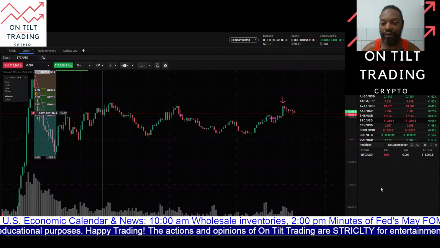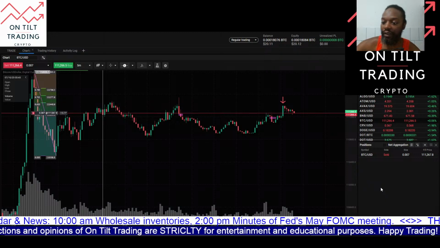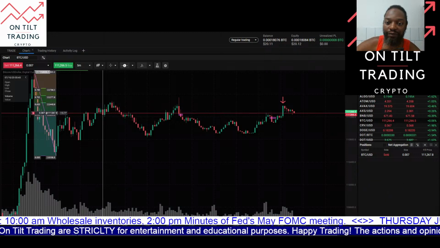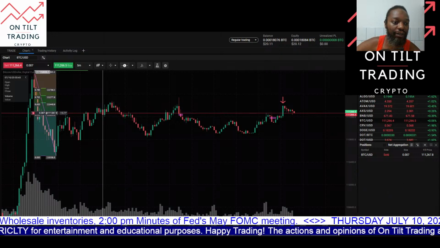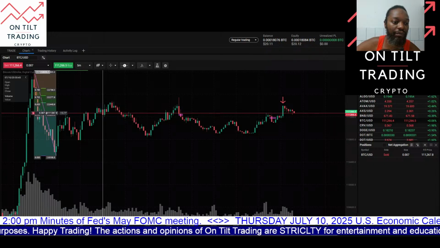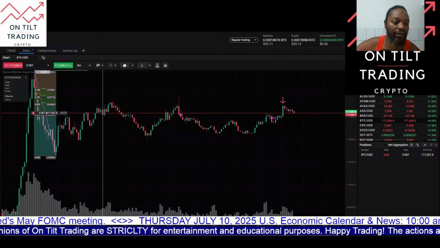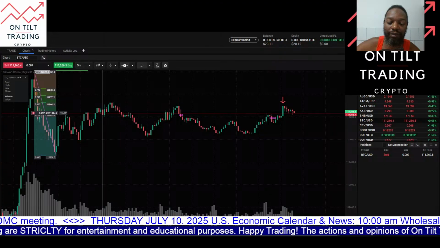So price currently in a discounted area. When looking at pricing from a discount or premium, this area here would be considered premium above the equilibrium. This area here would be considered discount below the equilibrium.